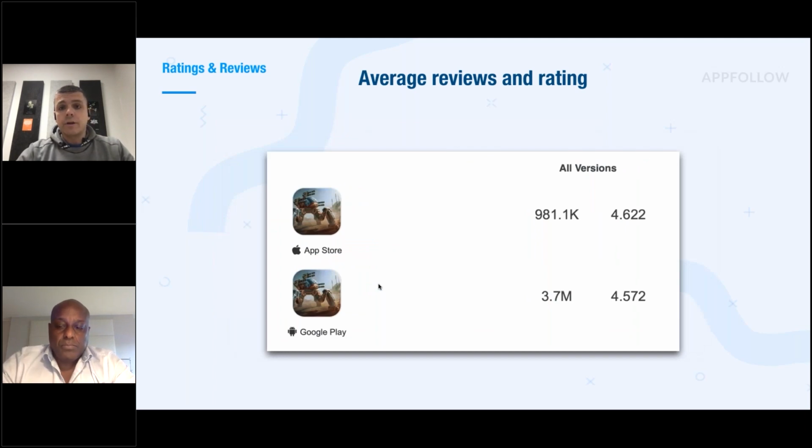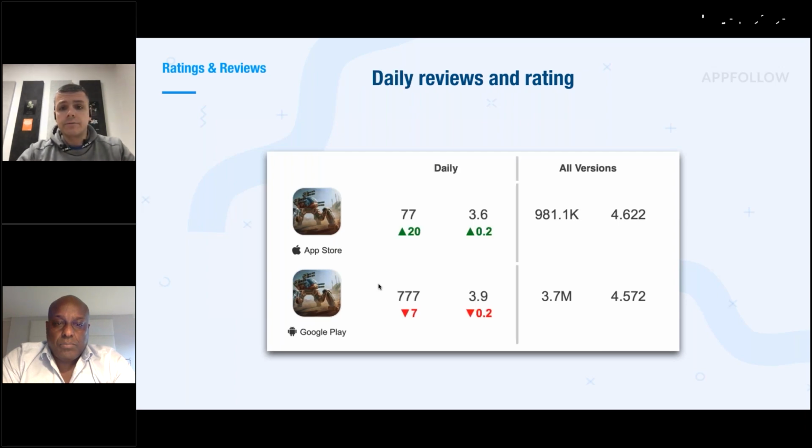So the average rating, again, is something that you see on scale. This is something that a game can collect for a long time. And you can see in this example that this game has a very good rating both in the App Store and Google Play. Both of them are higher than 4.5. But if we look at the daily difference, we can see that on this particular day the users are pretty much disappointed with what happened with the game.